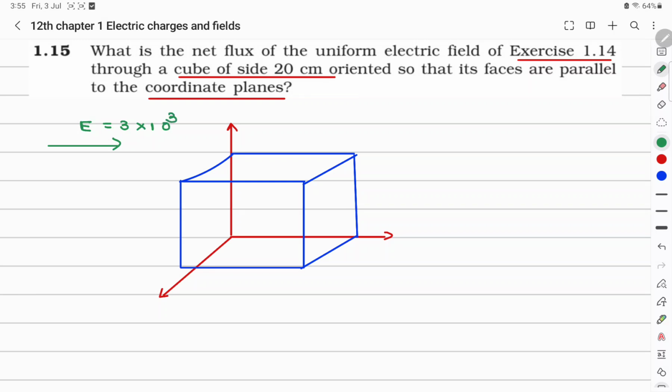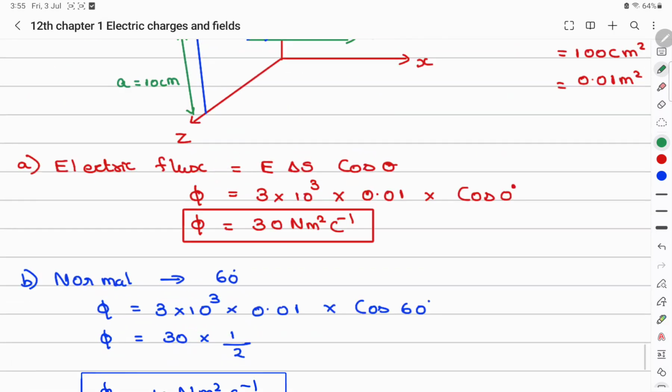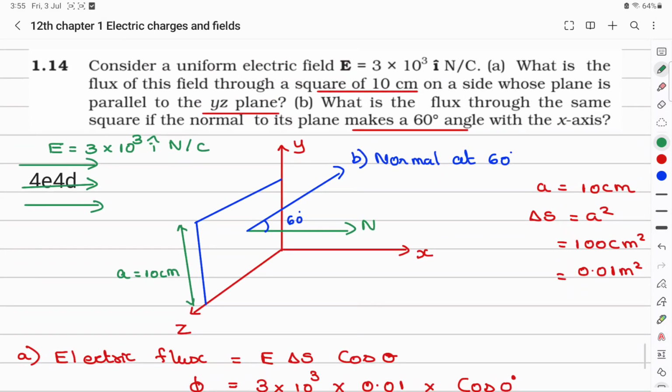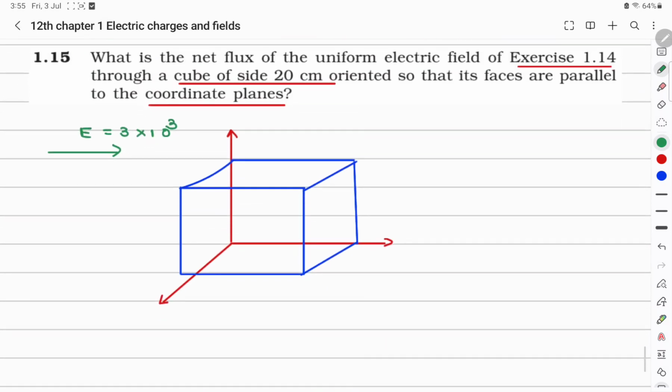That is taken from the last question. So the uniform electric field is E equal to 3 into 10 to the power of 3 i cap Newton per meter. So it is along the x-axis.